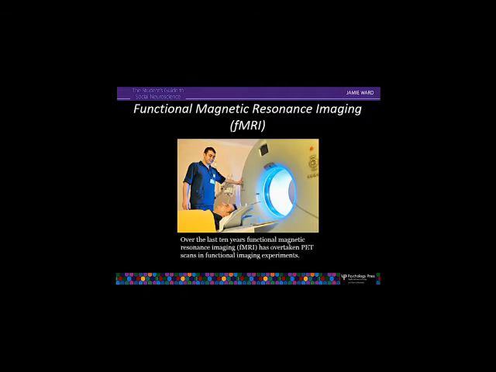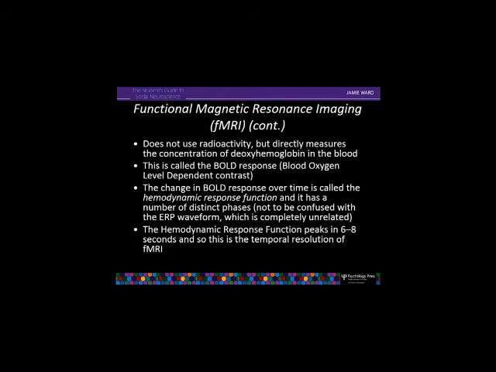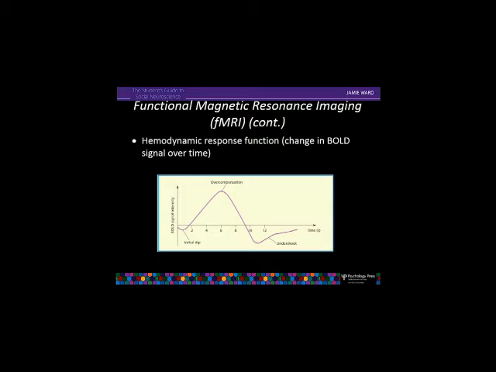So this is the thing that you're measuring in fMRI. We've got time across here. You've got to imagine at 0 seconds you've got the firing of neurons. What happens when you fire neurons is that you've got a conversion from oxyhemoglobin to deoxyhemoglobin.